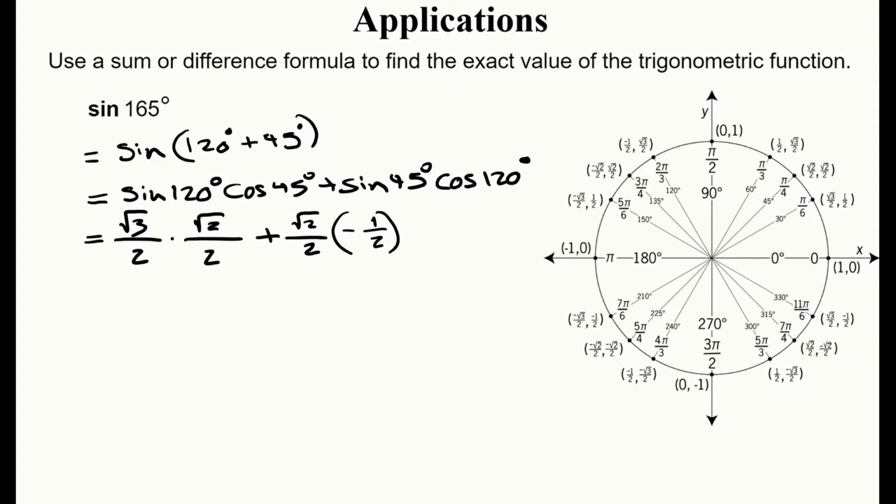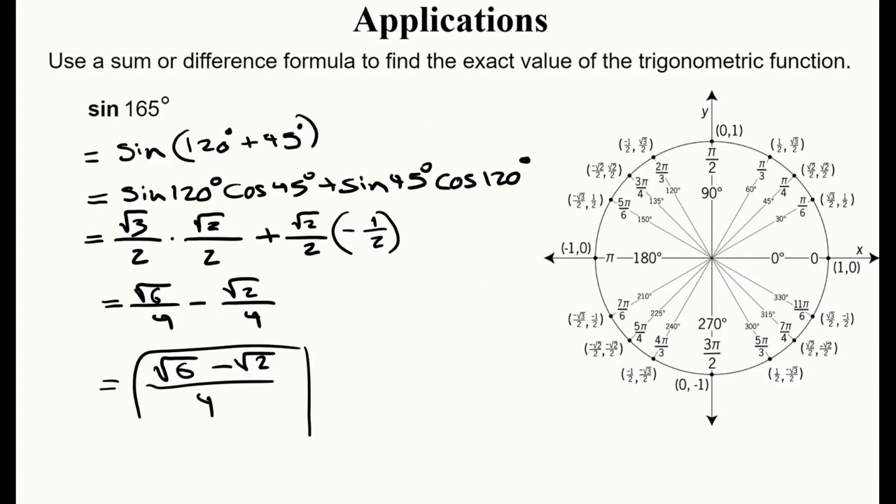Okay, so now we're going to get square root of 6 over 4 minus square root of 2 over 4, which we can of course present in a nicer way by combining those two like fractions and write the answer as square root of 6 minus square root of 2 over 4. So that's one quick application of the sum identity for sines.